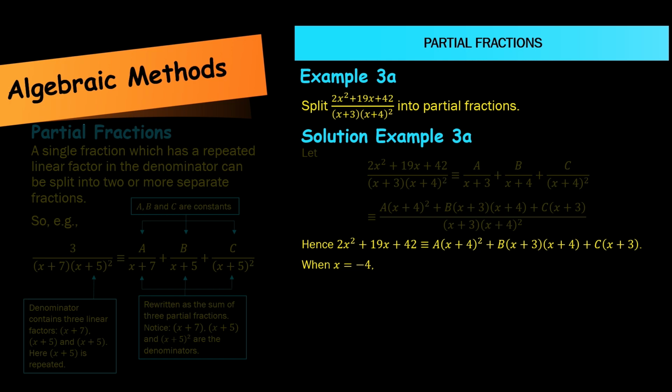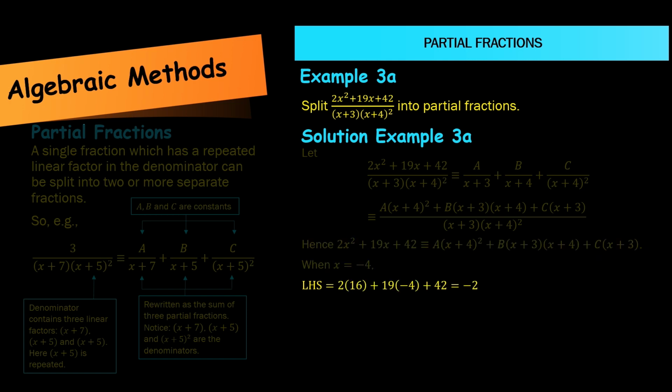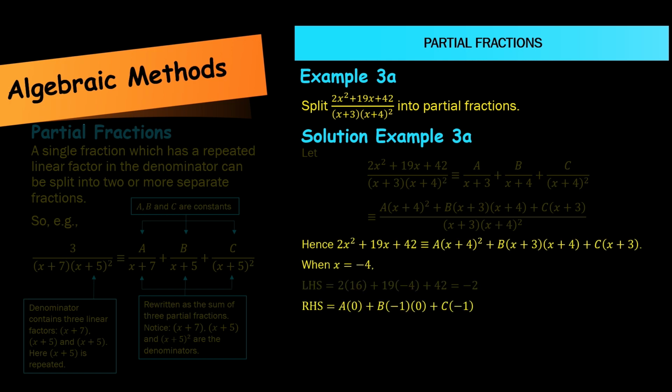On the left-hand side, we have 2 times 16 plus 19 times -4 plus 42 when we plug in x equals -4. This is equal to -2. And on the right-hand side, when we plug in x equals -4, as intended, the a term and the b term will disappear because we're going to multiply each of them by 0.